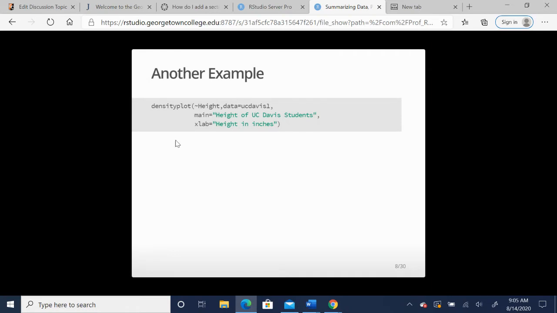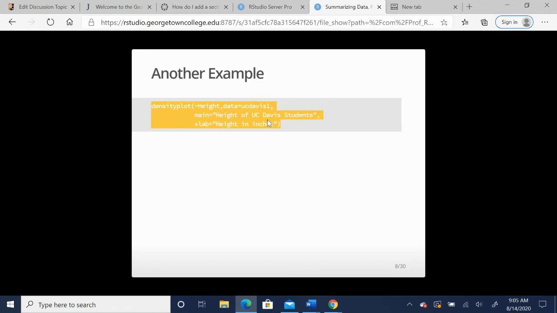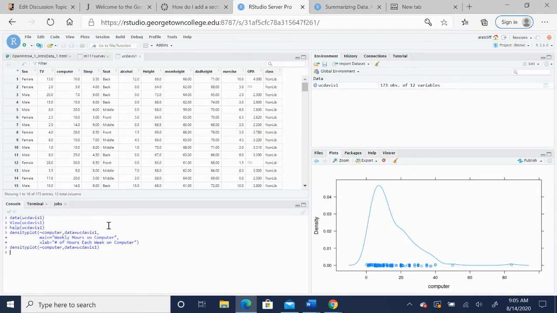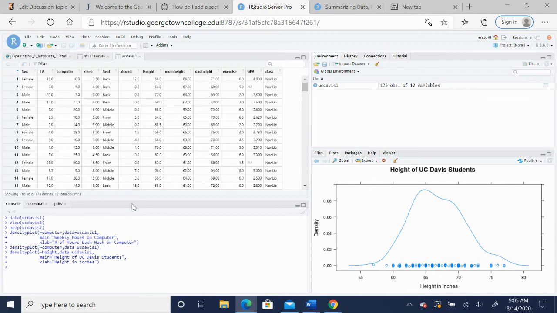Okay, so let's try another example. This is height. Instead of the hours they spend on a computer, this is their height. So I'm going to come over here and paste it. Okay, so here's my height plot. Again, we see one peak, maybe the beginning of a second one there, but this is much more symmetric.